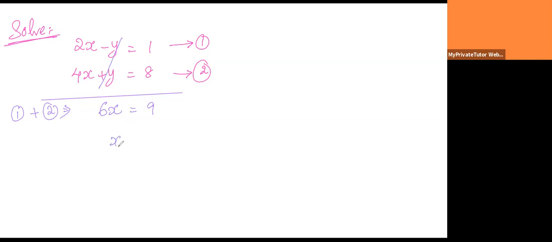So what is x then? x equals 9 divided by 6. We won't get a whole number, so just simplify it. Yes, Sultan, very good. So x equals 1.5 or 3 by 2. Both are fine.